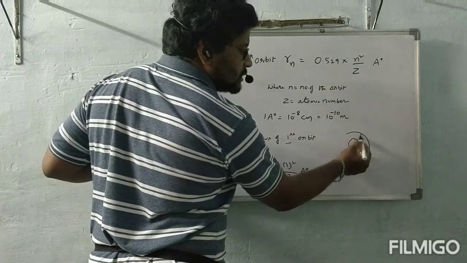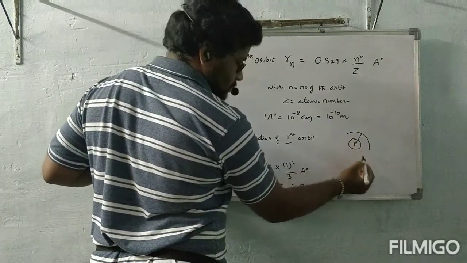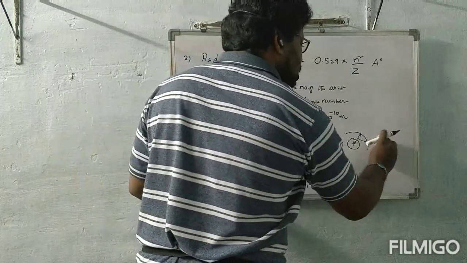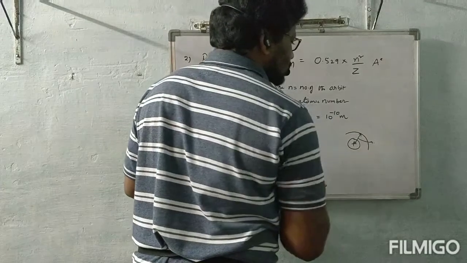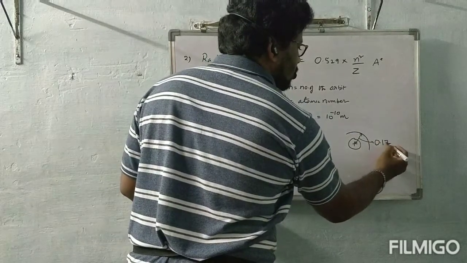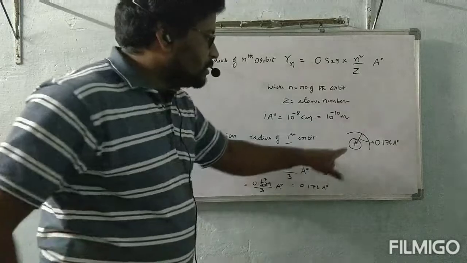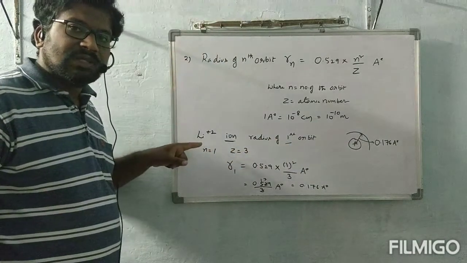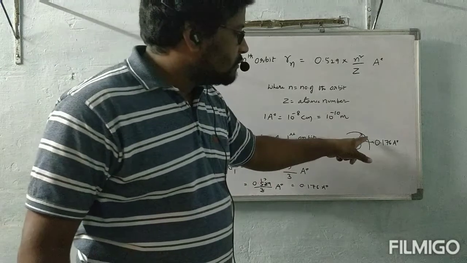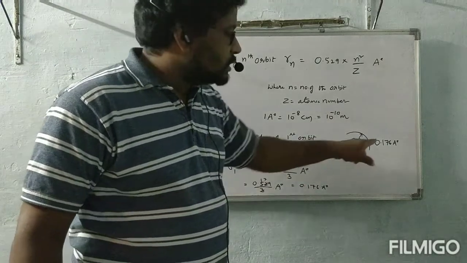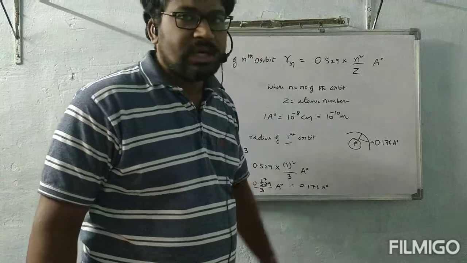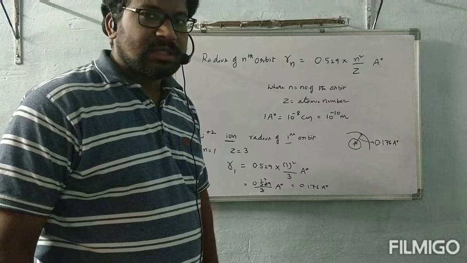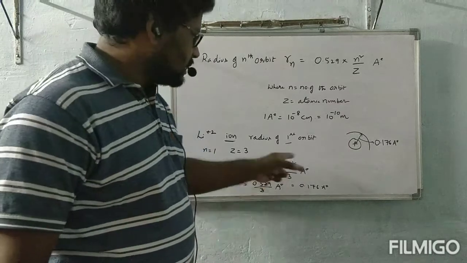This first orbit in Li plus 2 is 0.176 angstroms distant from the nucleus. That is the meaning. This is the example.